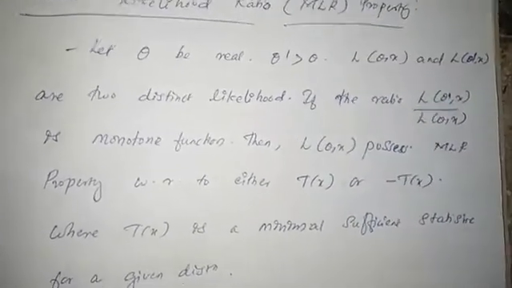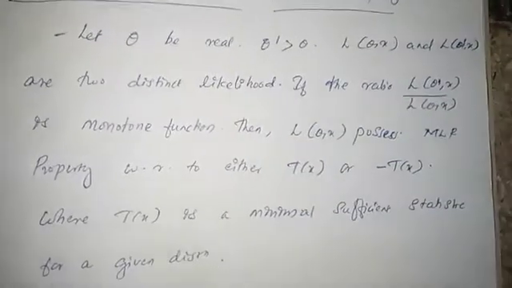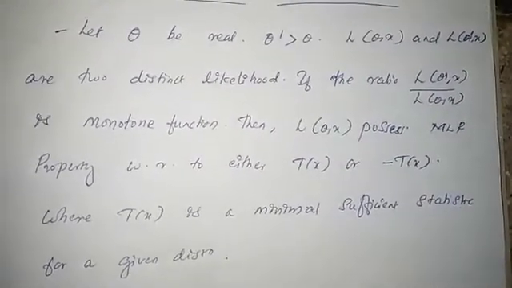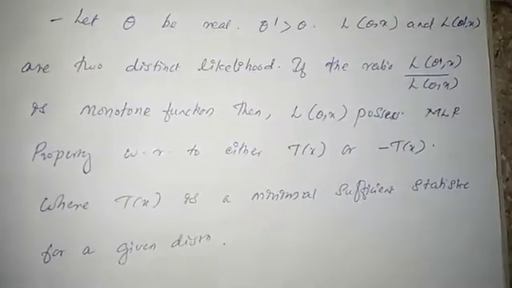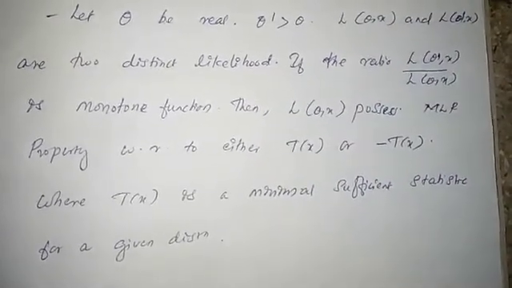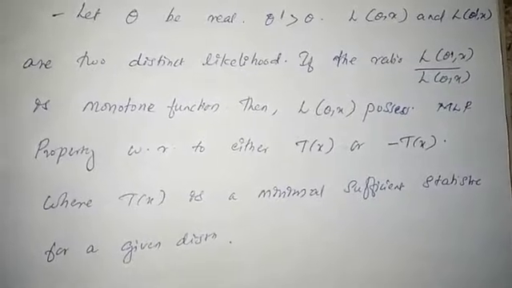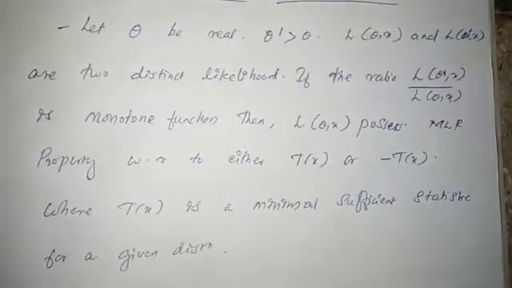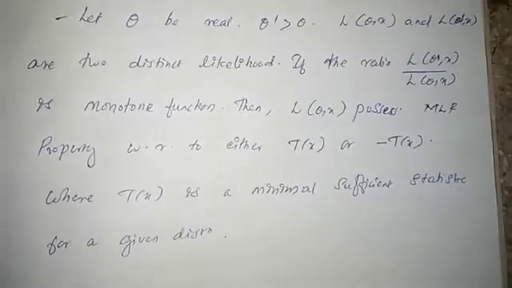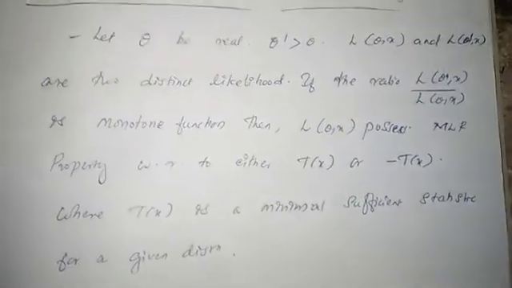If the ratio, likelihood theta dash x divided by likelihood theta x, is a monotone function, then the likelihood theta x possesses MLR property with respect to either T of x or minus T of x, where T of x is a minimal sufficient statistic for a given distribution.